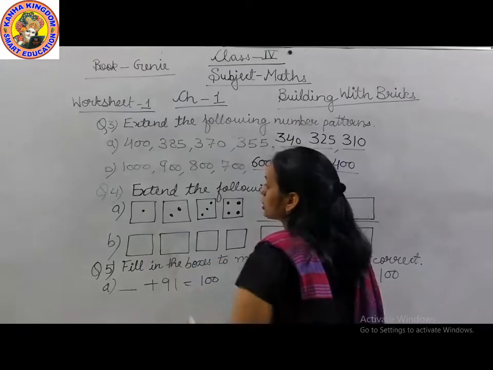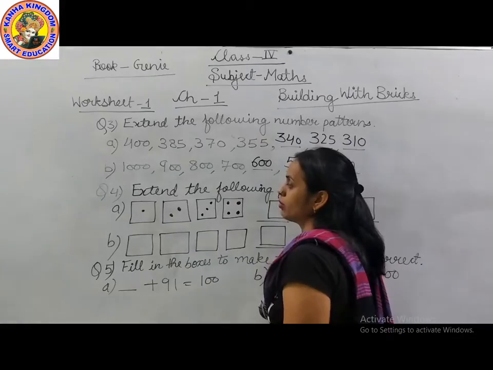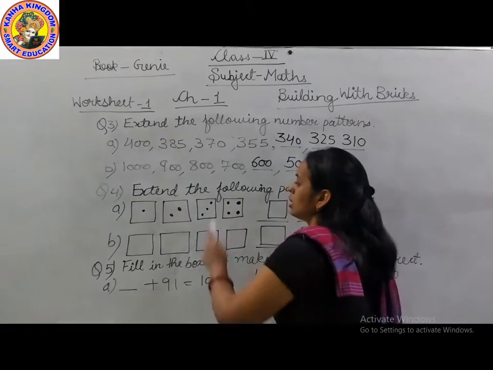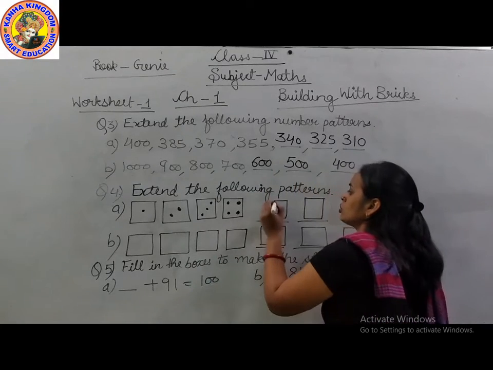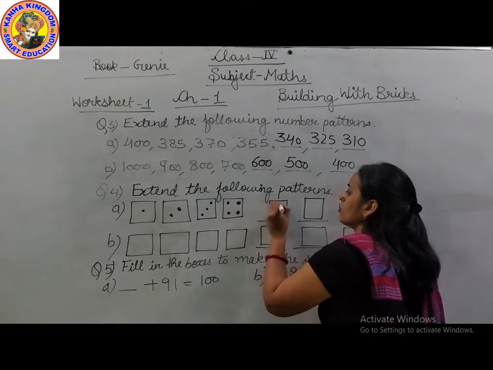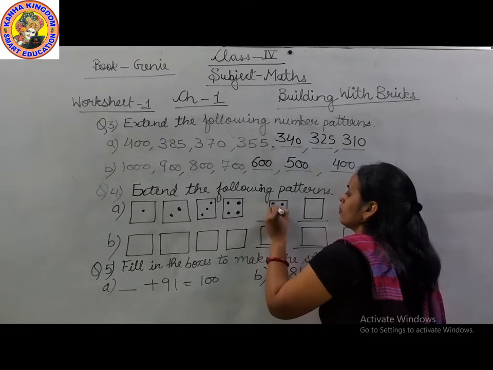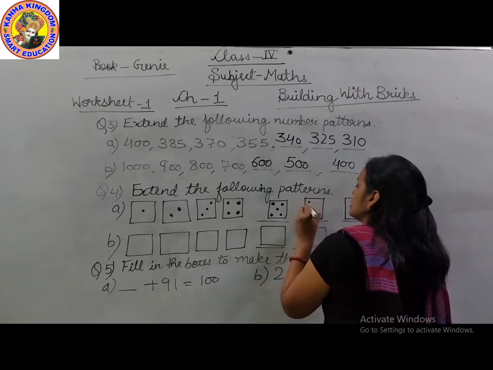In first cube, how many points? 1. In next 2, in next 3, next 4. So we have to draw 5. Then in next 6.